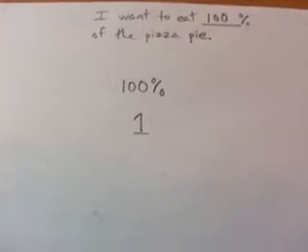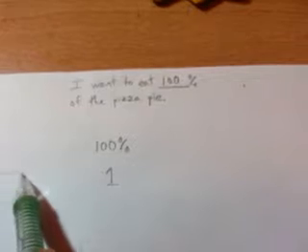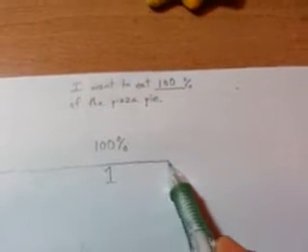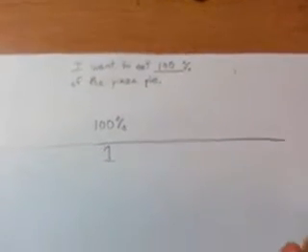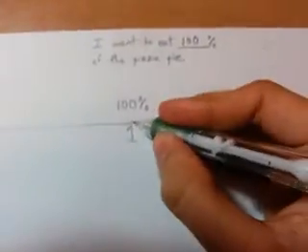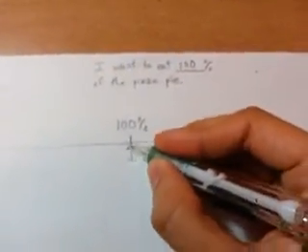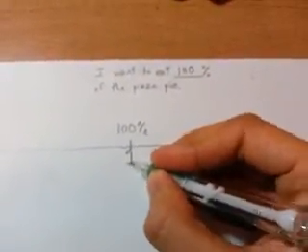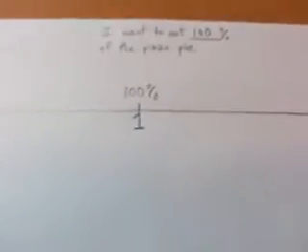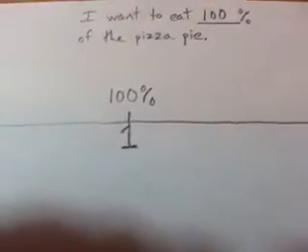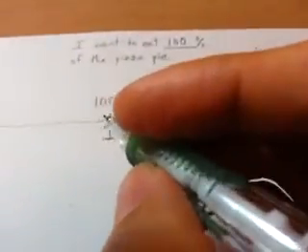So let's explore that a little bit more. Let me draw a number line. We're going to start at 100%. That's going to be our base, our origin. If I want 100% of something, what does that mean?